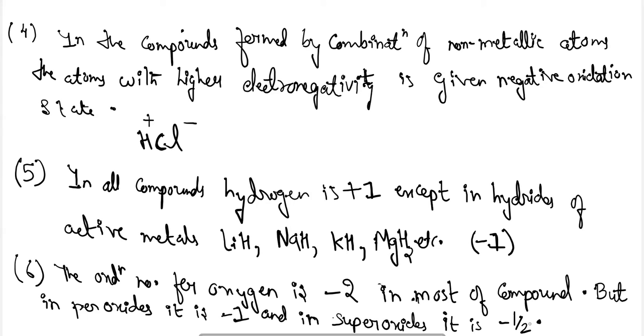This is an exceptional case for oxygen: generally it has a minus 2 oxidation state, but in the case of peroxides we observe that it has a minus 1 oxidation state, and in the case of superoxides it has a minus 1 by 2 oxidation state.